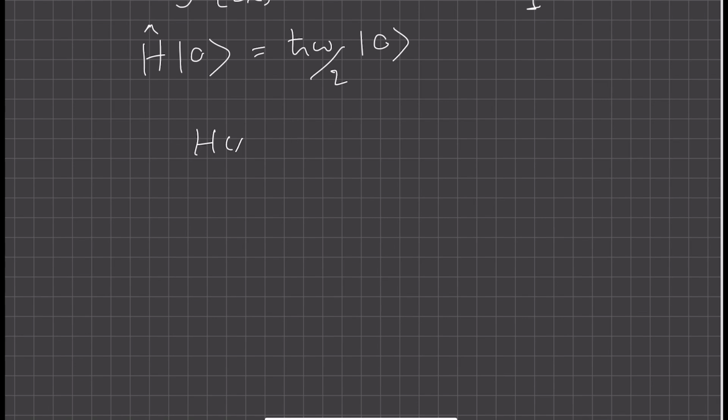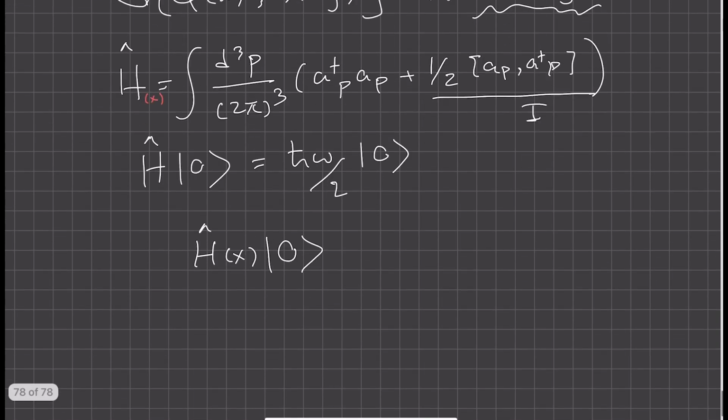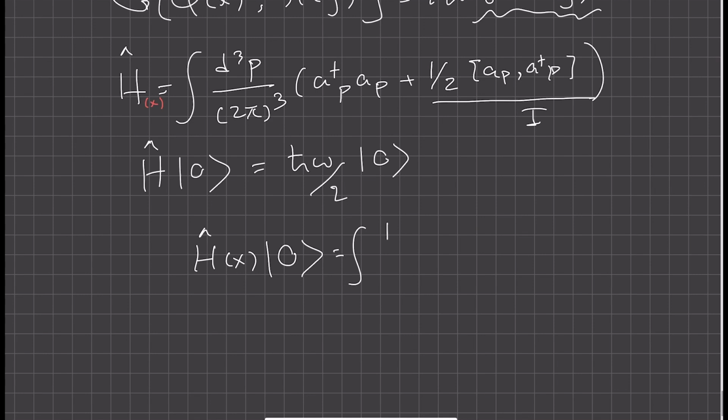So H of x now acting on the vacuum state 0. I want to see, at one particular point, what is the energy that is coming from the vacuum state? So we basically again have this d^3p over (2 pi)^3. Now I can just write a dagger_p a_p as n_p, the number operator, plus 1/2 acting on the vacuum.